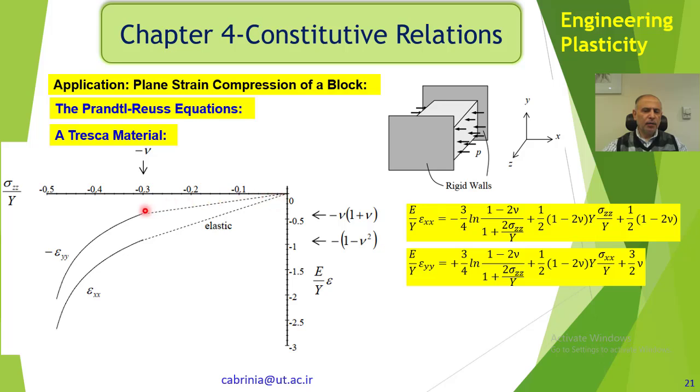Okay, these are the elastic part, and these are the plastic part. As you see, we approach this value. Half is the limit of this problem, and these are the strains that we get. As you can see, epsilon yy and epsilon xx approach each other as we continue the deformation.